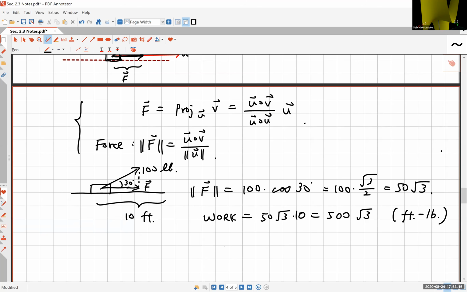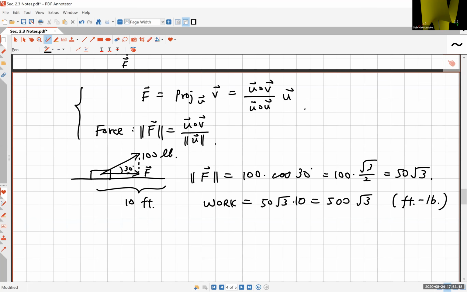Get that? All right, so I'm going to just make a concluding remark here. If you think about moving this thing here, let me draw another picture of this to give you a more generalized thing. Okay? The box is at the point P, and you're going to move it to the point Q, okay? And you're pulling it in this direction with the force V, okay? So here's my vector PQ.